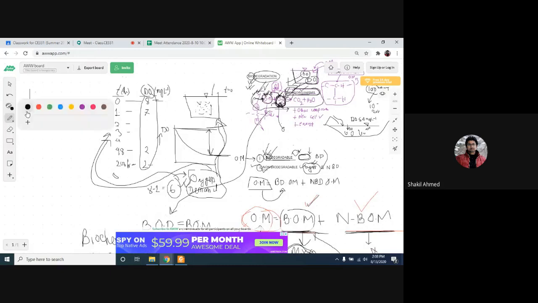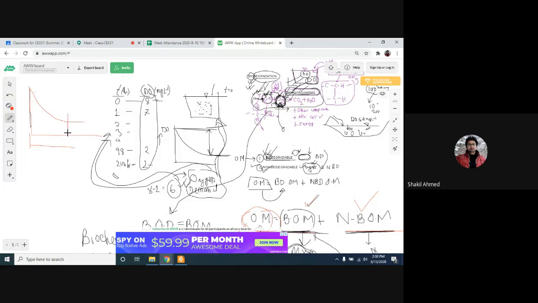If I draw it here again, the DO value reduces, and this curve gets flattened. After how many days?